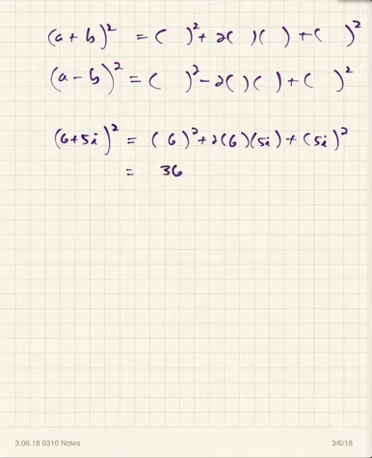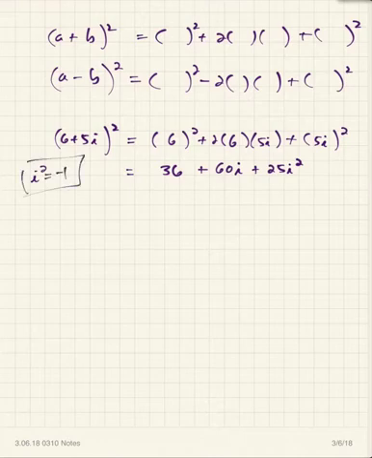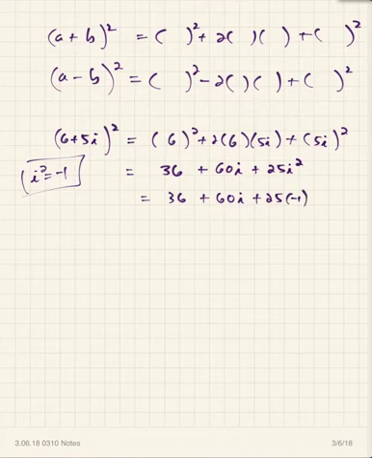So you have 36 plus 60i, and then this last term would be 25i squared. And then we use that i squared is negative 1 in this step right here. So you get 36 plus 60i plus 25 times negative 1.